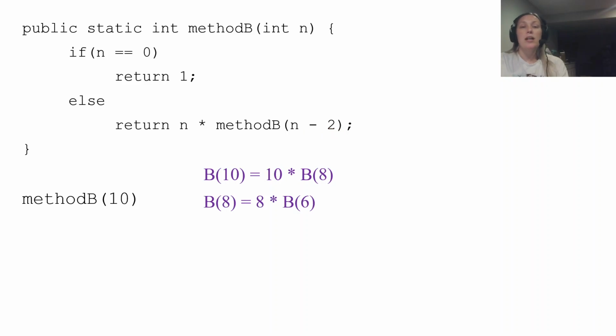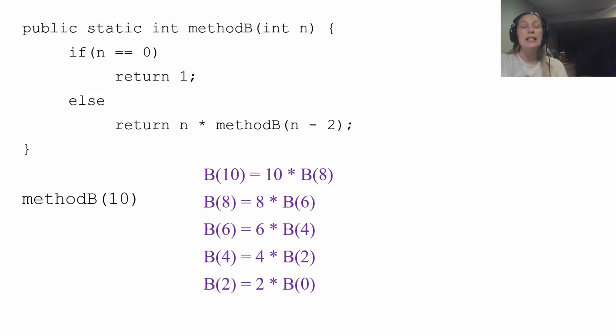And we go through, right? B of 8 is 8 times B of 6. B of 6 is 6 times B of 4. Again, you'll see a pattern, and you can use that to your advantage and just continue the pattern until you reach your base case, which is, in this case, B of 0. When n is 0, I return a 1, and I've reached the end.